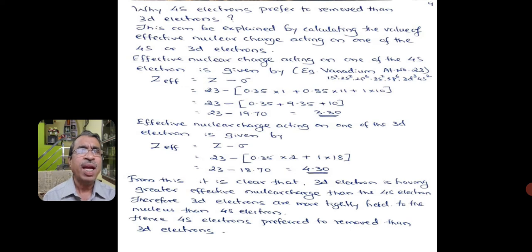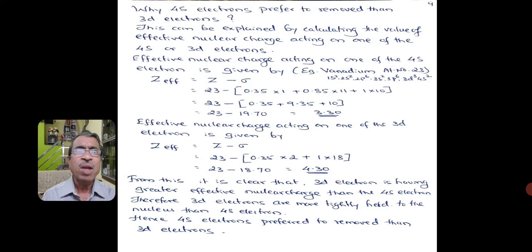Therefore, it is 1 into 10. If you add all these values, we get 0.35 plus 9.35 plus 10, which is 19.7. 23 minus 19.7 is 3.30. Therefore, the effective nuclear charge acting on one of the 4s electrons is 3.30.